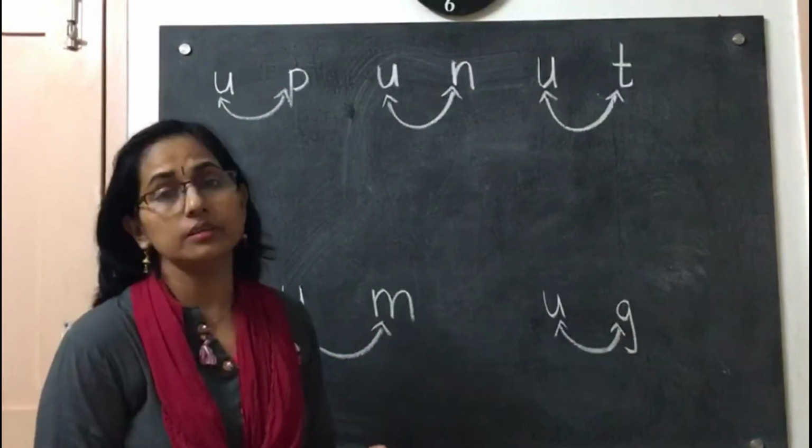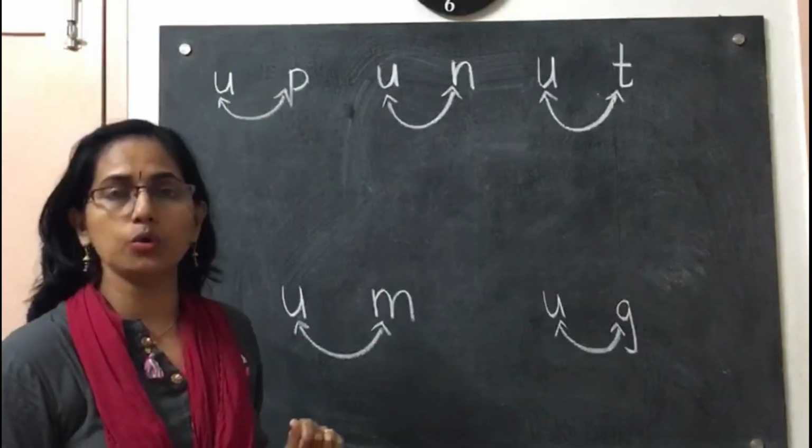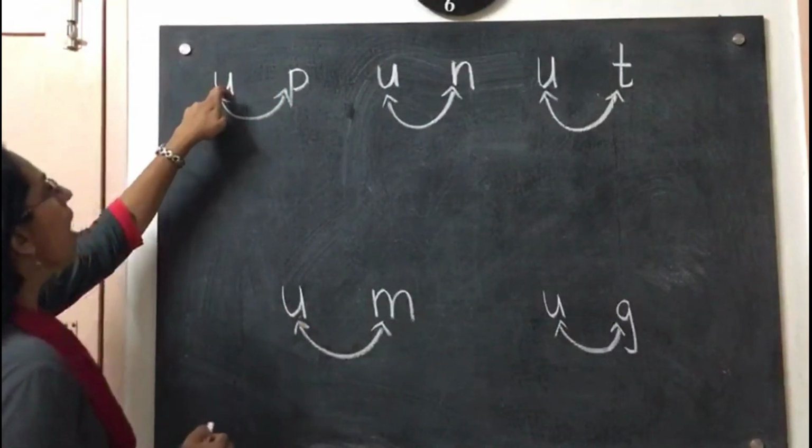This is the last vowel, U. We are going to read 3-letter words using vowel U. The sound of U is up.